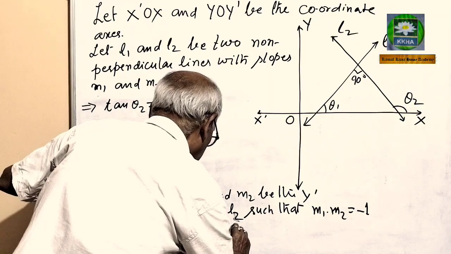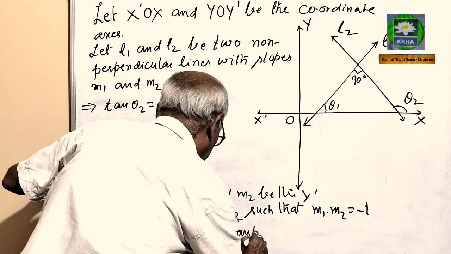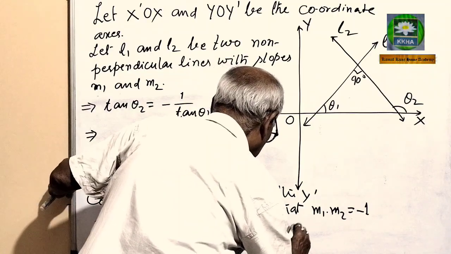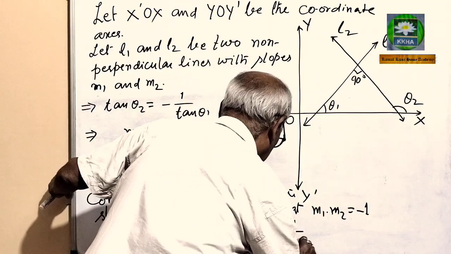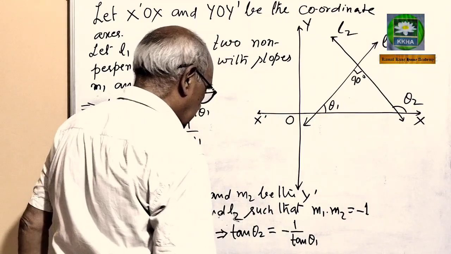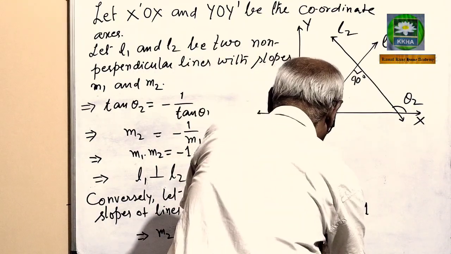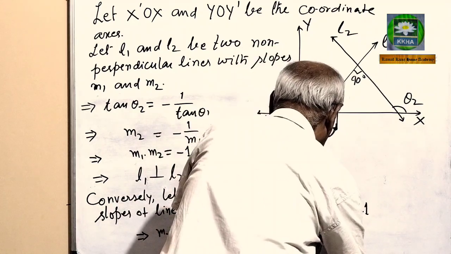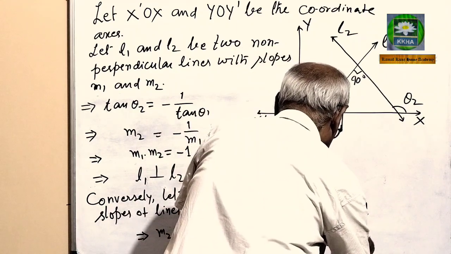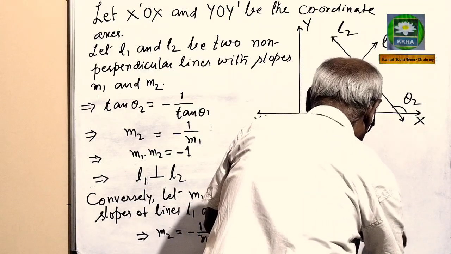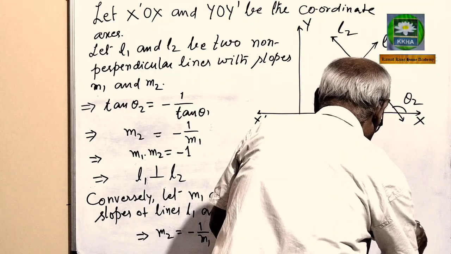This implies that tan theta 2 is equal to minus 1 upon tan theta 1. This implies that tan theta 2 is equal to minus cot theta 1.